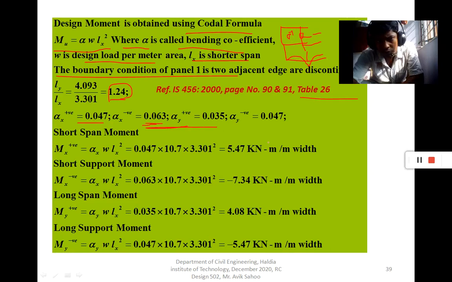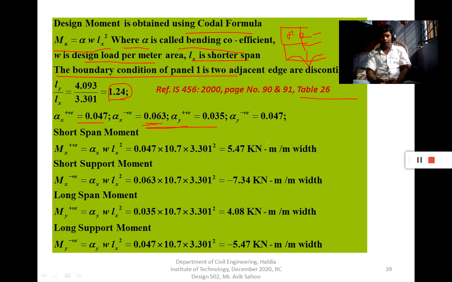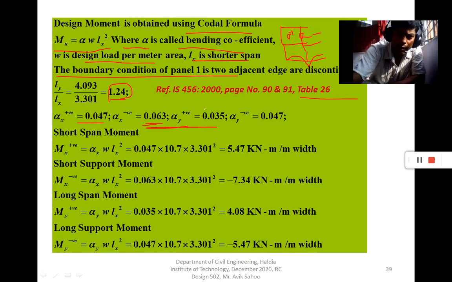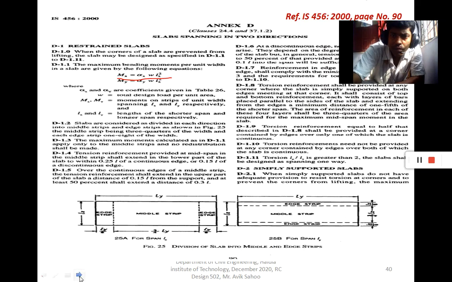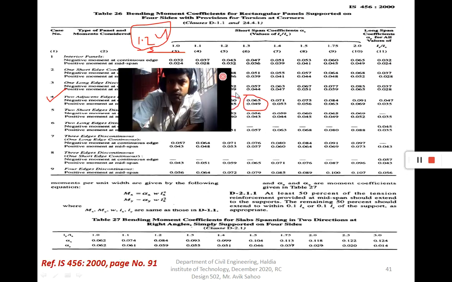Similarly, along the longer direction also, the coefficient we get from table 26. For all values of Ly by Lx, the coefficient is given. So here the values are 0.047 and 0.035.